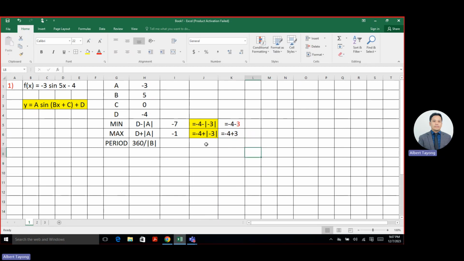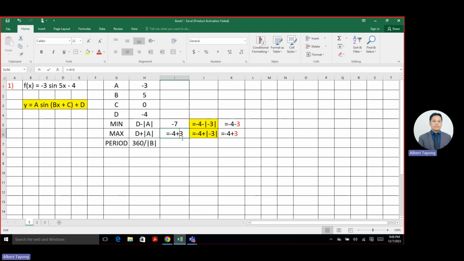For the second one, we have d plus the absolute value of a. Our d is -4 plus the absolute value of -3. That becomes -4 plus, this will become positive, so +3, because the absolute value of -3 is 3. So -4 plus 3 is equal to -1. And this is -4 minus 3.